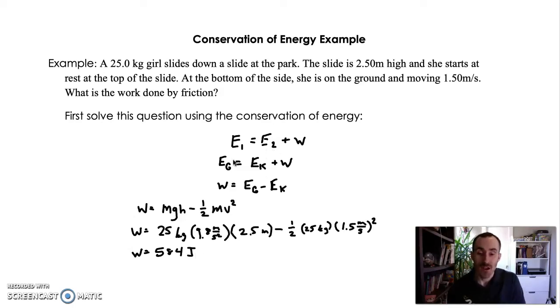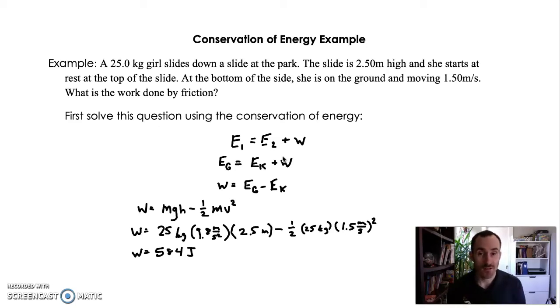Now let's think about what this means, looking back at what we have over here. At the beginning, we had gravitational potential energy. At the end, we had kinetic energy. But it turned out that they weren't the same. In order to make our final energy equal to our initial energy, we had to take our kinetic energy and add that friction work that was done, which was 584 joules. So it turns out that the work that was done was negative 584 joules.